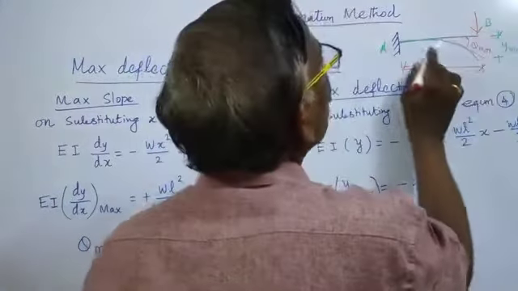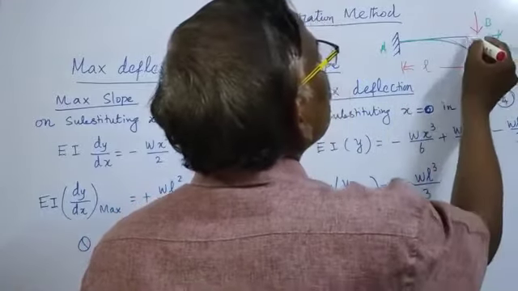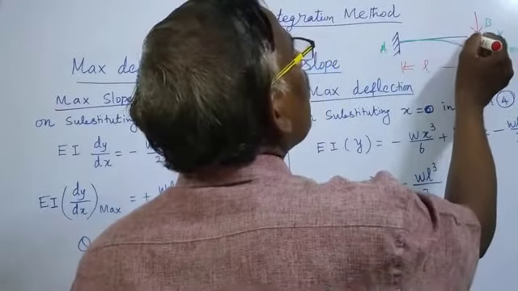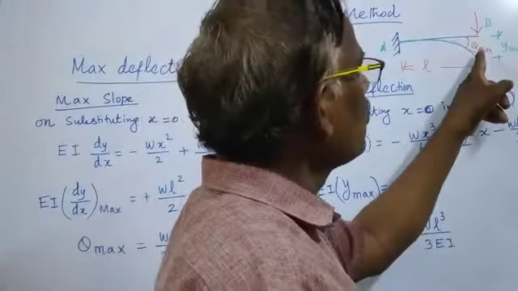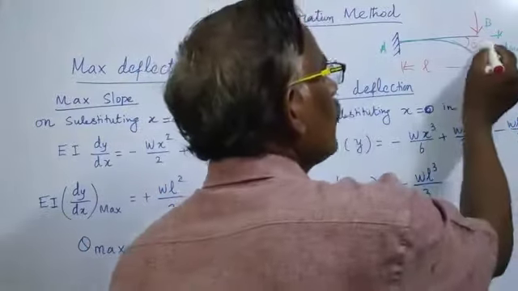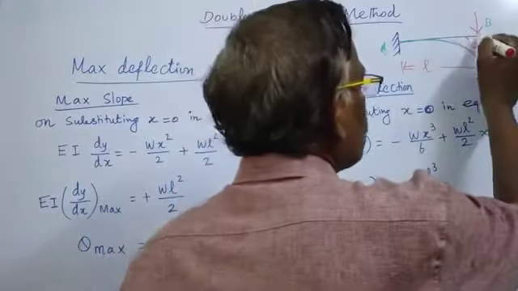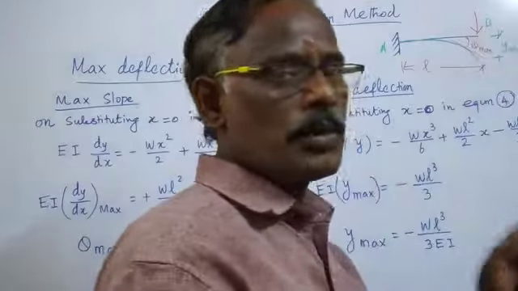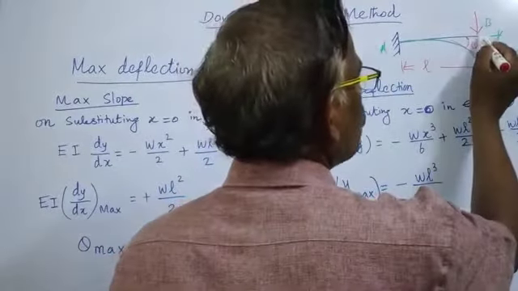If you draw a tangent to this curved shape, the angle between the original shape and the deflected shape is known as slope. Here you will have maximum slope theta max, and at the same place maximum deflection y max. That is where? At x equal to 0.